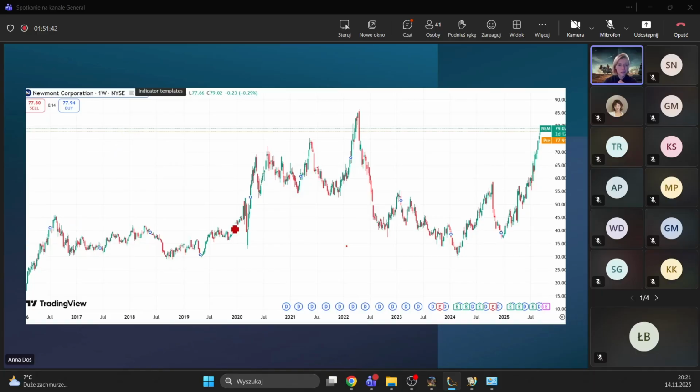And as you can see, there were periods where investors in Newmont lost more than half of the value of the assets they invested in the company. There were the periods of big increases and the big losses. And I'm sure that these investors suffered from a big headache during the period of losses, not knowing whether the company will get back the value lost during these periods.